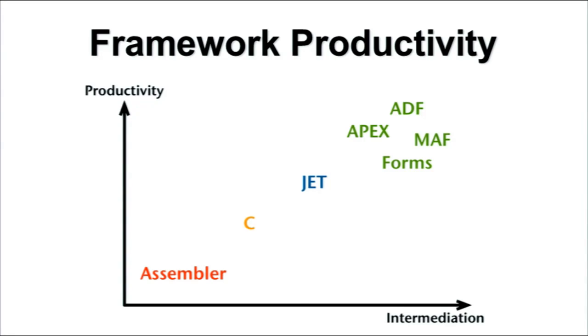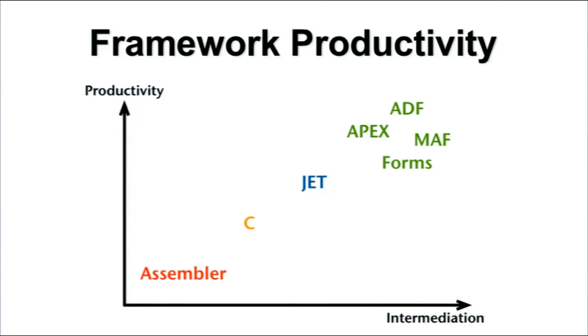You move up to languages like C, you have less intermediation, but you still don't have an awful lot of productivity, and you can still access memory directly from C. When you move up a little bit further, Jet helps you with some things and has some increase in productivity over writing a straight C program or a straight Java program.